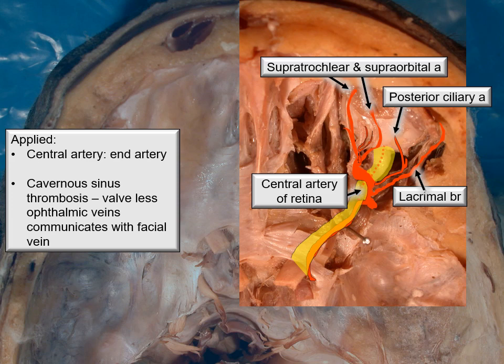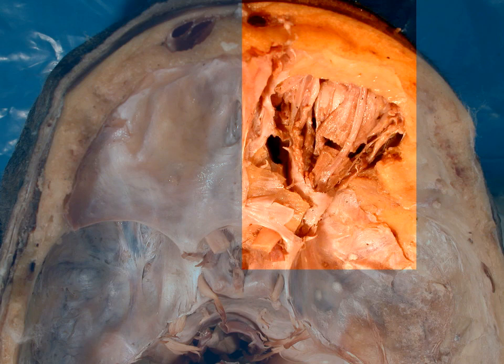Then there are ciliary arteries, short and long posterior ciliary arteries, and also anterior ciliary arteries. Anterior ethmoidal branch. These are some of the branches of the ophthalmic artery.